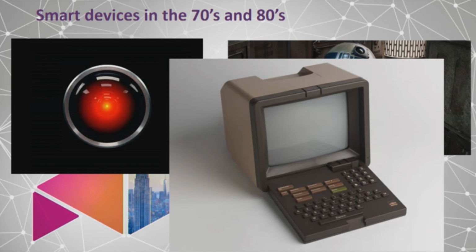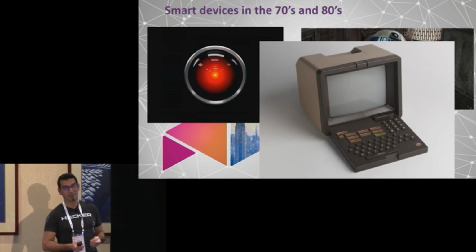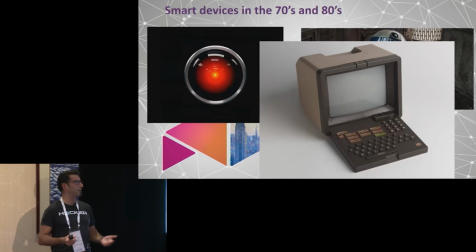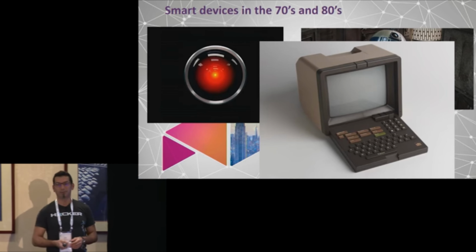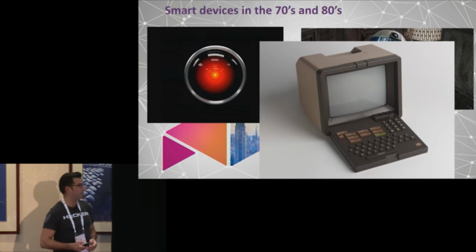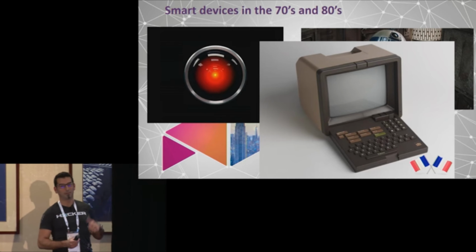The types of services you could access with this thing were things like consulting your bank account, buying plane tickets or train tickets. There were online forums. There were even dating sites. So it was super popular in France because it was really easy to use, practically free, and really promoted by the French government. I think we can safely say that the French invented the internet before everybody else.